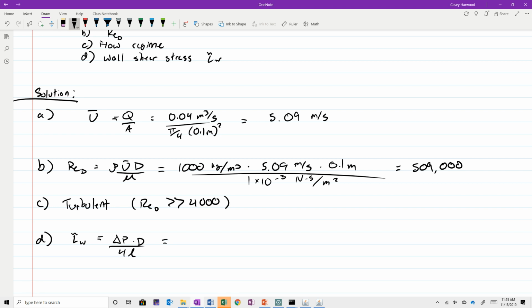Well, in this case, we've got delta P over L times D over 4, which is going to be our negative 2590 pascals per meter times 0.1 meter over 4.